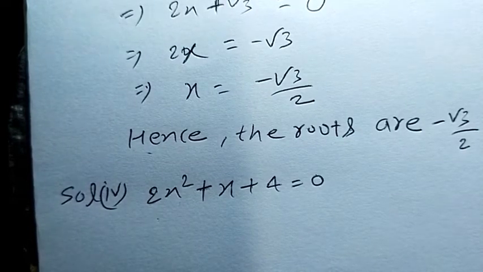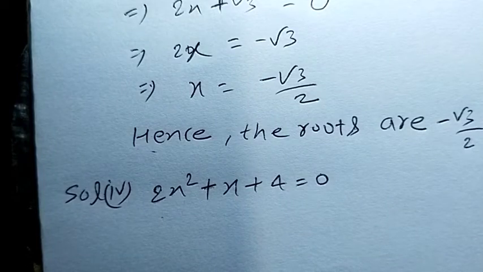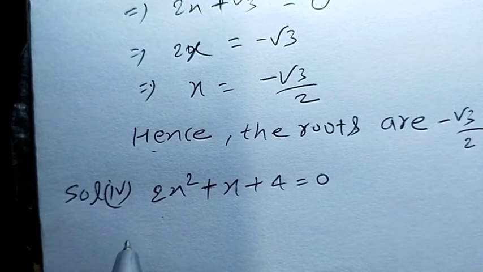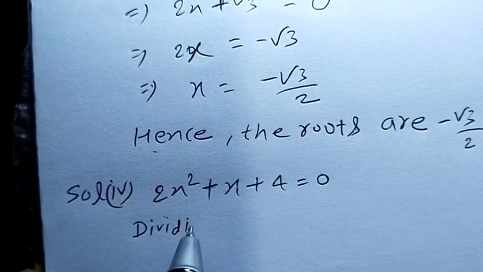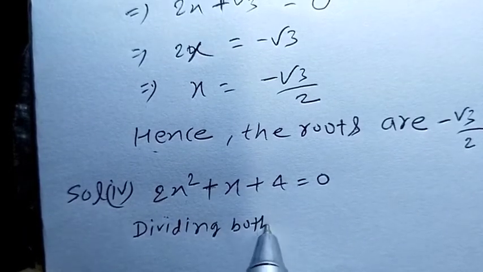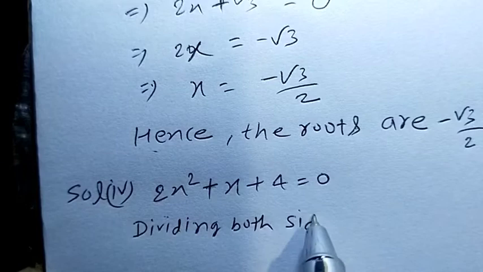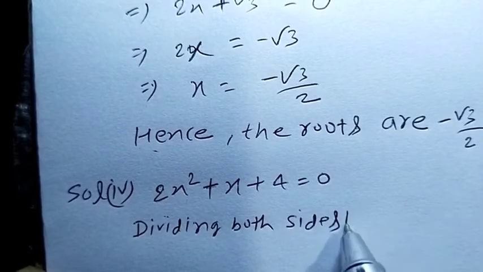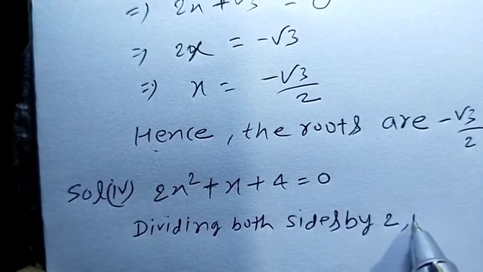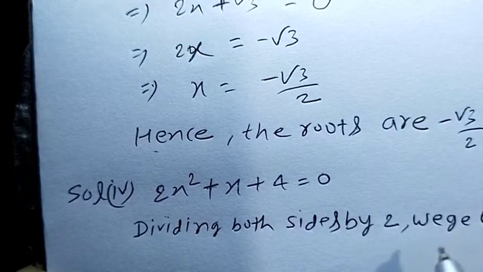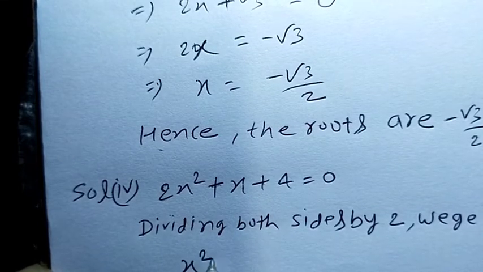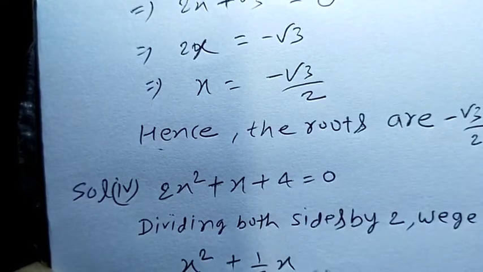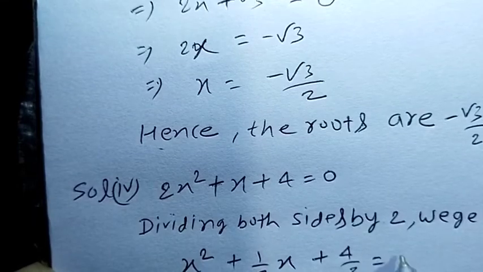So by dividing both sides by 2, we get x square plus 1 by 2x plus 4 by 2 is equal to 0.